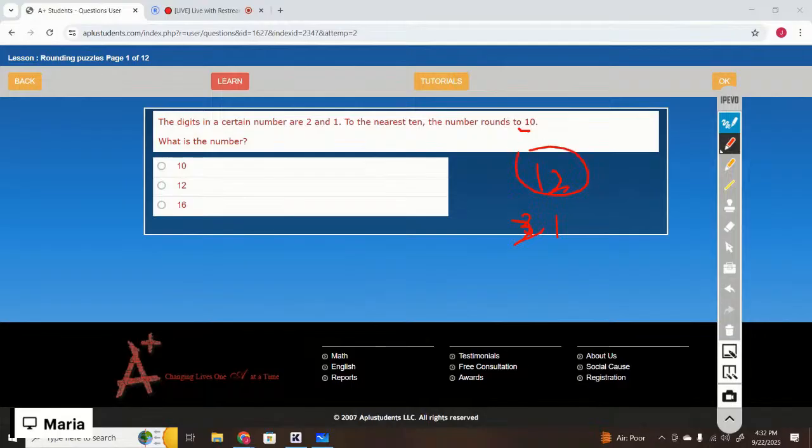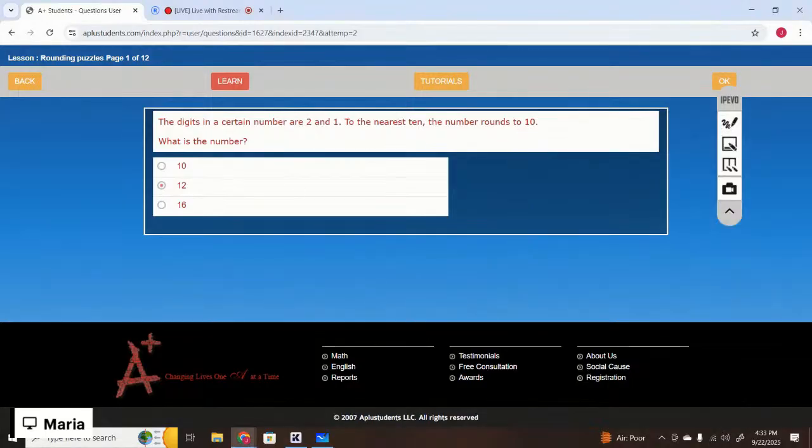Which number when rounded to 10 is the correct option? That is 12. Option number 2 is the correct option.